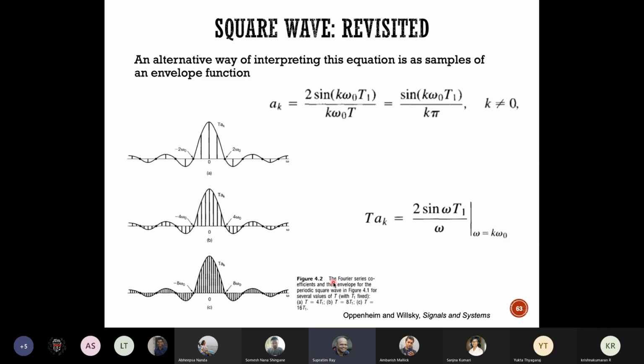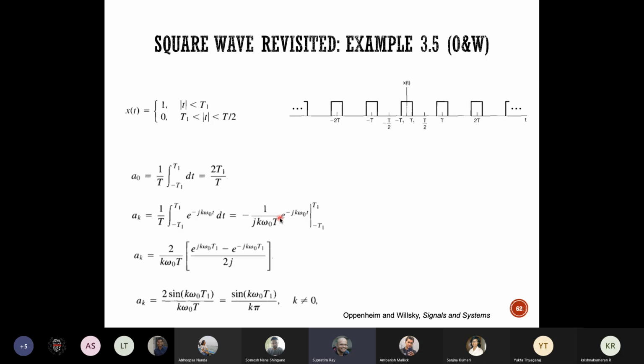What I'm showing you here is the Fourier series coefficients and their envelope for the periodic square wave for several values of T with a fixed T1. So this is T equal to 4T1, this is T equal to 8T1, this is T equal to 16T1. Essentially what is happening here is that these coefficients are just progressively moving farther and farther away.